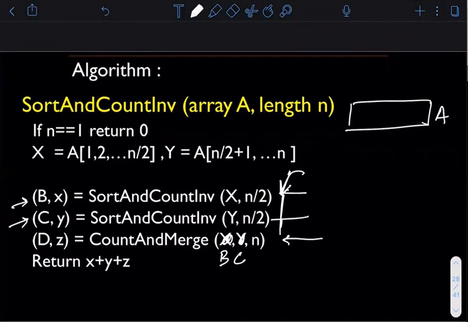It should be n minus n half in the second call. What do you mean, Gaurav? I didn't get that. Which one? You mean in this one, the c comma y call? Gaurav says it should be n minus n half.